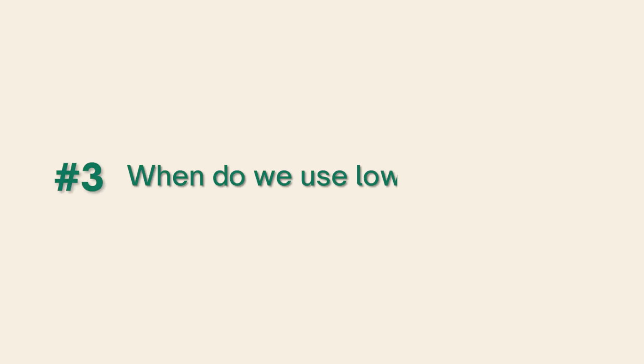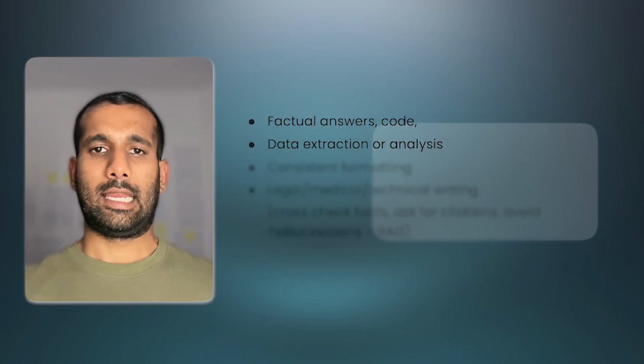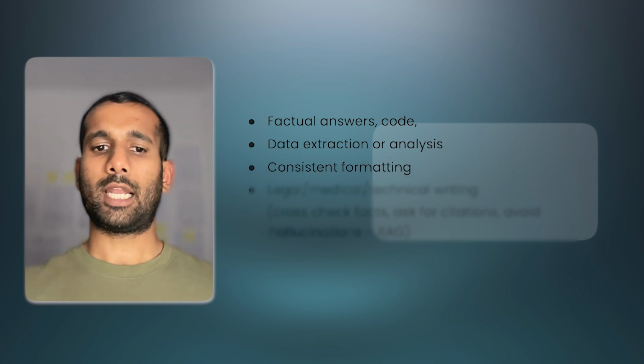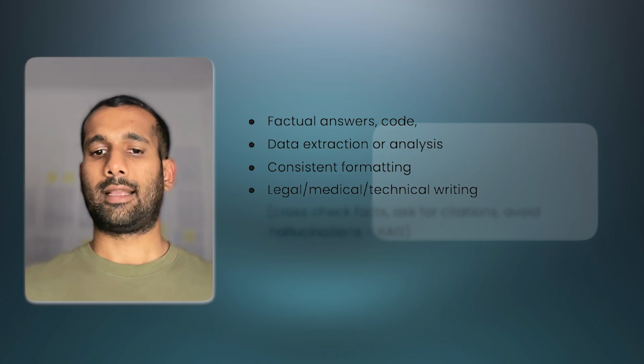Now we're going to look at when to use low temperature and when to use high temperature. When do we use low temperatures? Usually when you need less creativity and more factual answers, maybe code, mathematics, data extraction, or analysis. Maybe you want consistent formatting, or you want to use it for legal, medical, or technical writing.